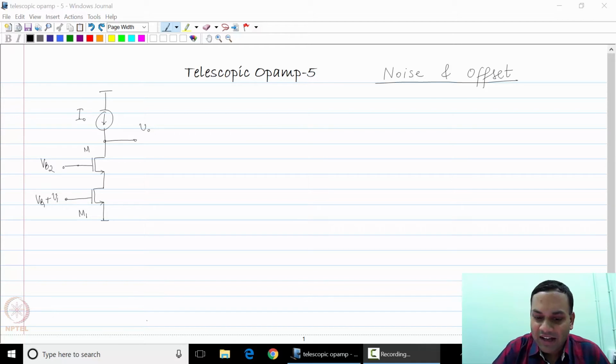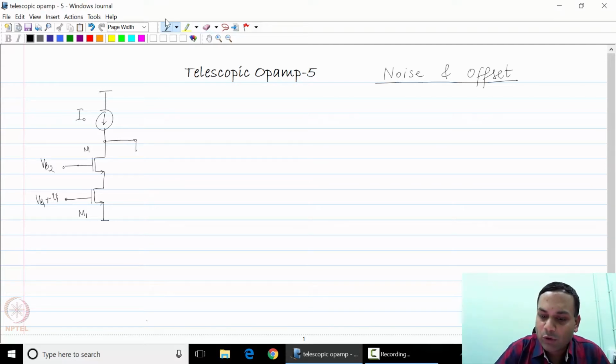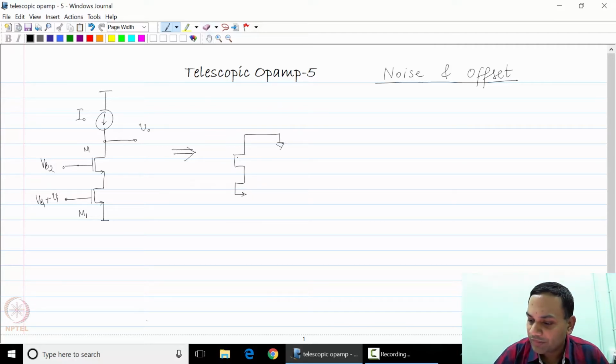So, to do this, we are going to look at the short circuit noise of the circuit. Since that is an easier way to do this, I am going to redraw the small signal equivalent circuit with the output short circuited.